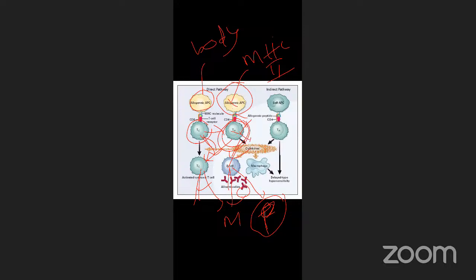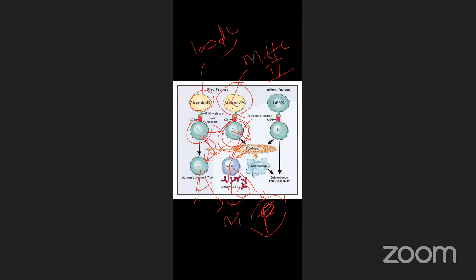Understand those things very well, and after understanding these two things, go for further topics. You cannot read other topics without these two topics. We cannot separate all these topics from cell mediated and humoral immunity.